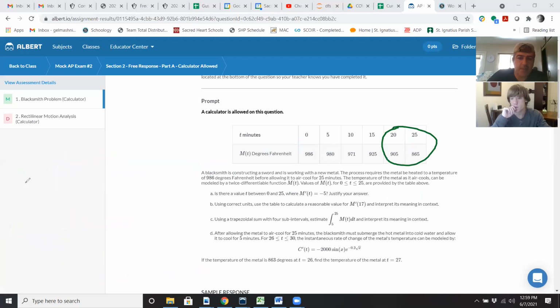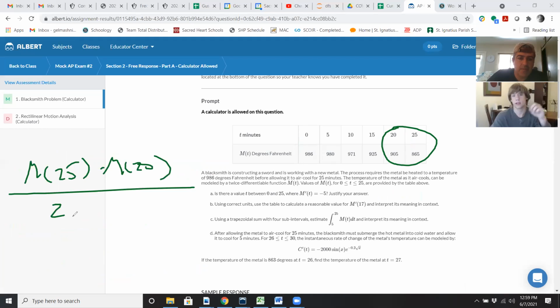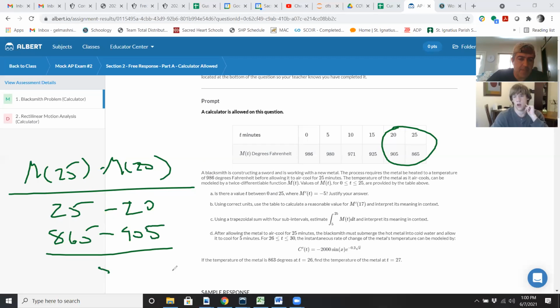That's kind of interesting. What if you get one that's over it and one that's under it? Then you're using intermediate value theorem. Yeah, I think that's what we're going to get to. It's IVT for derivatives. I'm going to have 865 minus 905 over 5 down below, so it becomes -40 over 5, or -8.